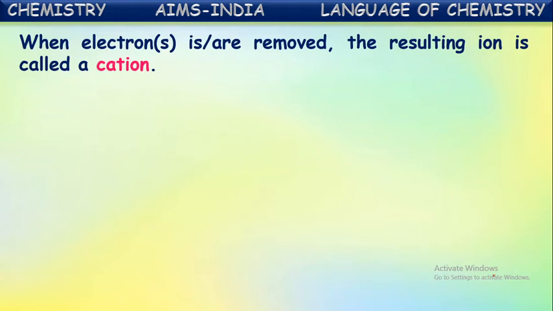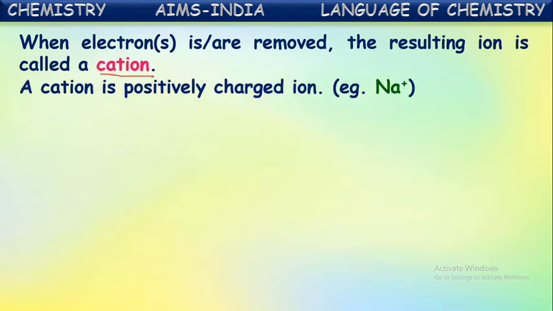When electrons are removed or lost by the atoms, the ions formed are generally called positive ions, because as the number of electrons decreases, they form positively charged particles. Those positively charged particles are called cations. The ions formed by the loss of electrons by the atoms are called cations, which are positively charged ions formed by the loss of either one or more electrons.